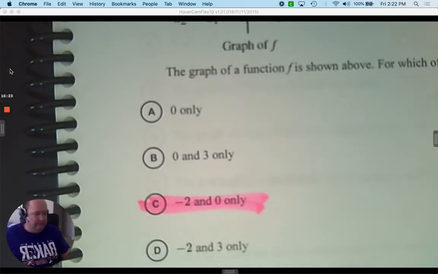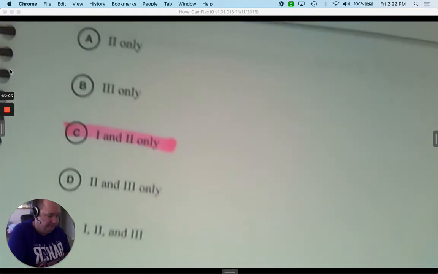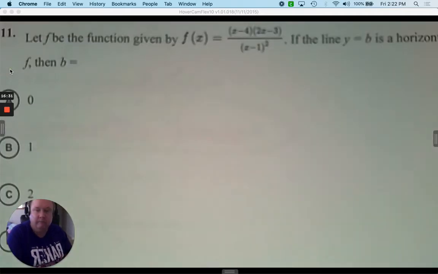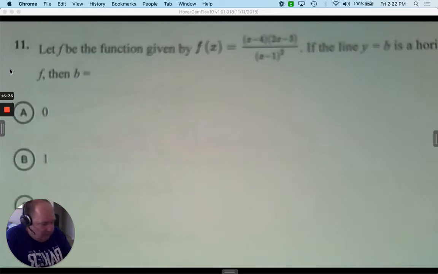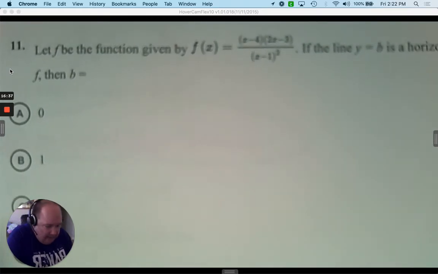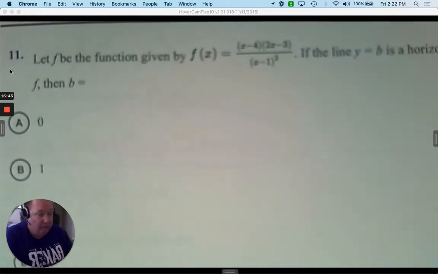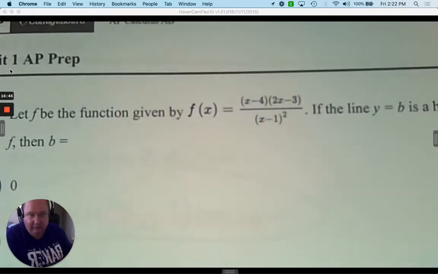Number 11. In number 11, let f be that function. If the line y equals b is a horizontal asymptote to the graph of f, then what does b equal? So in other words, what is the horizontal asymptote that you see?